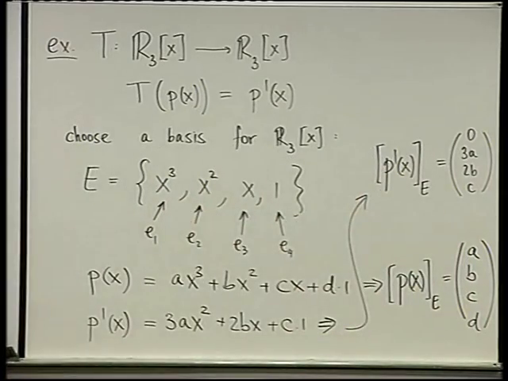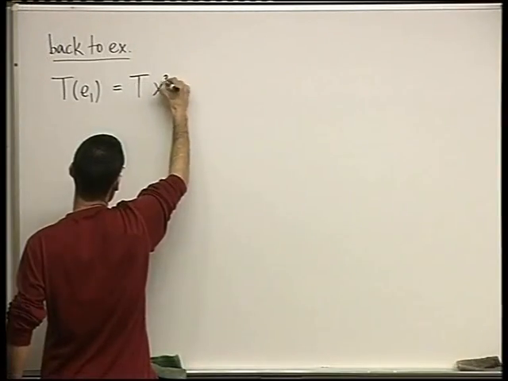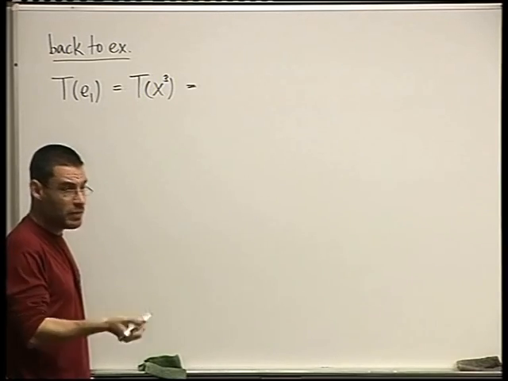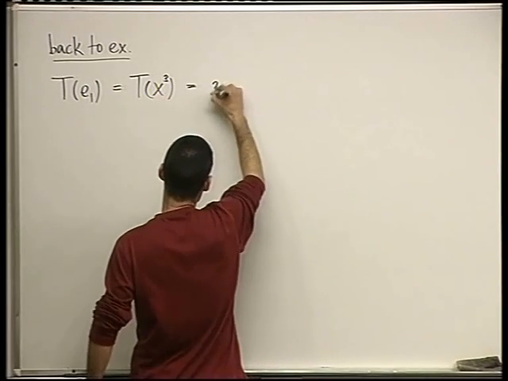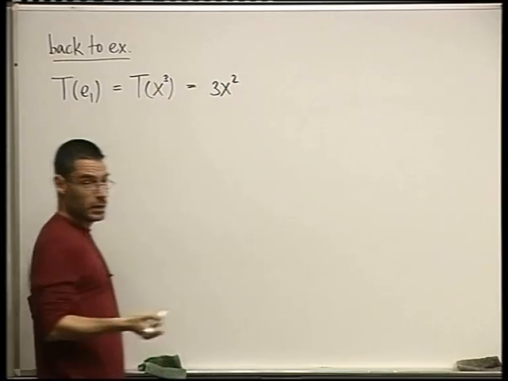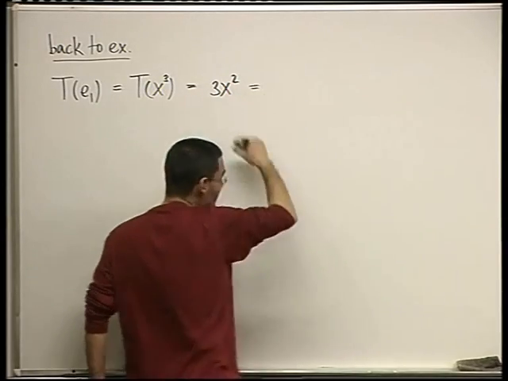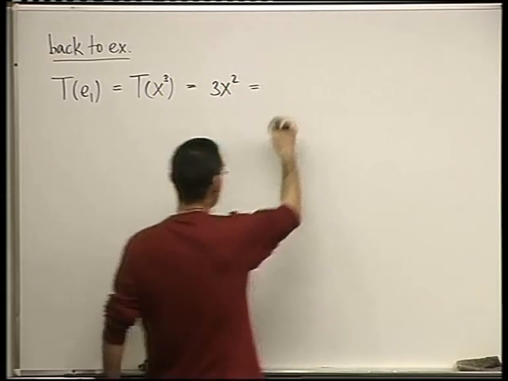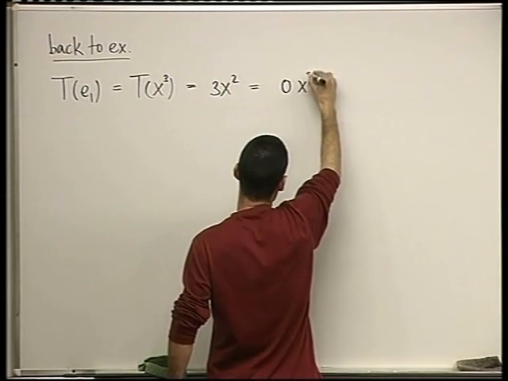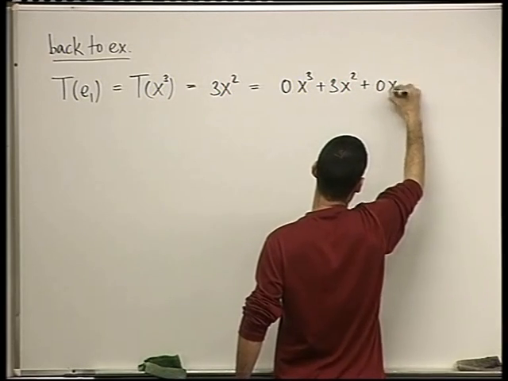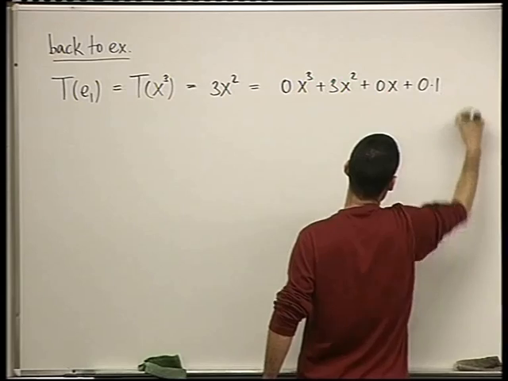Okay? So T of E1, E1 is just x cubed. T of x cubed is the derivative. T of x cubed is 3x squared. Right? And we want to write it as a linear combination of the basis. So it's 0x cubed plus 3x squared plus 0x plus 0 times 1.